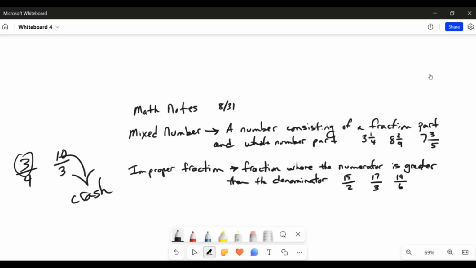All right. Now, the process for changing an improper fraction into a mixed number.